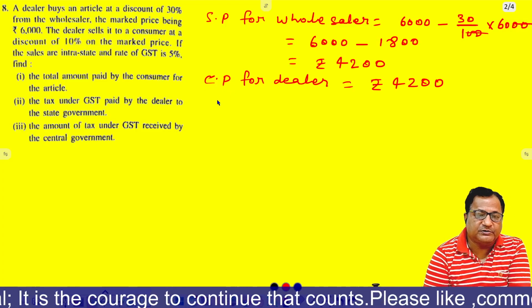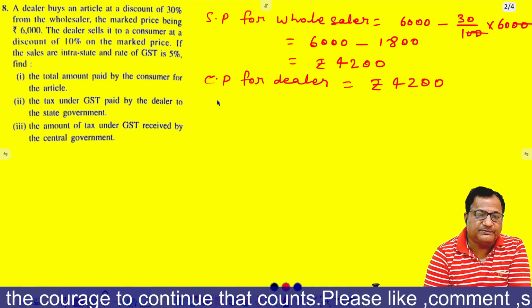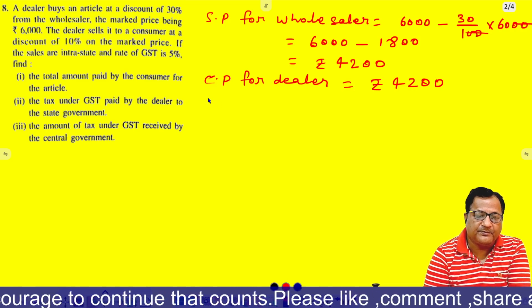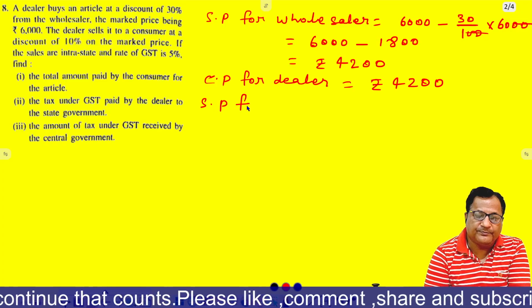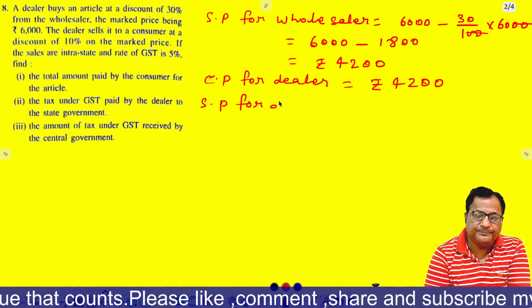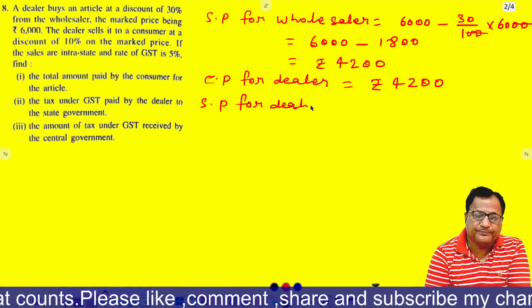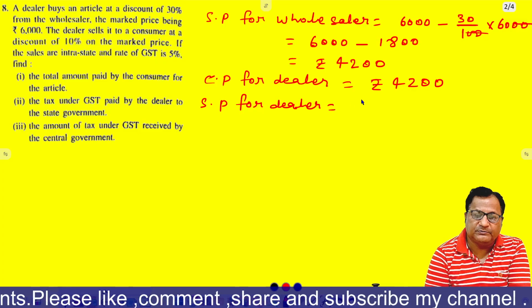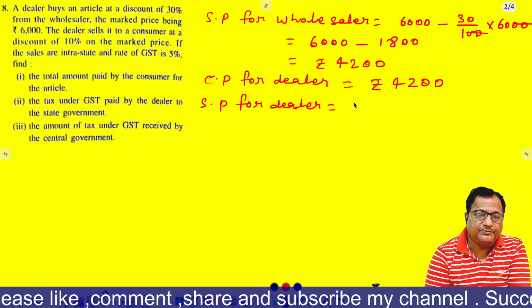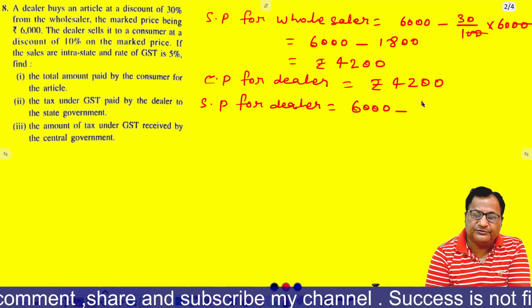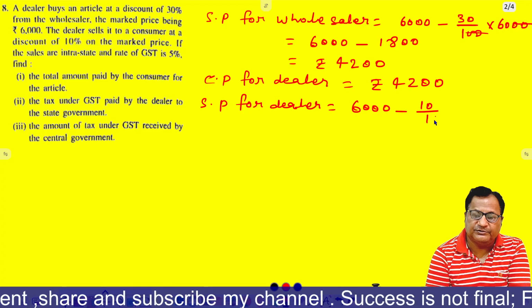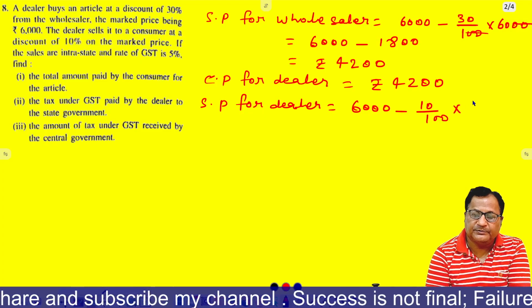The dealer sells it to the consumer at a discount of 10% on the market price. So SP for the dealer is equal to 6,000 minus 10% of 6,000, the discount we are giving.